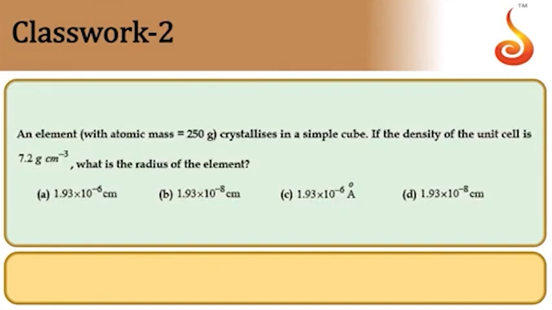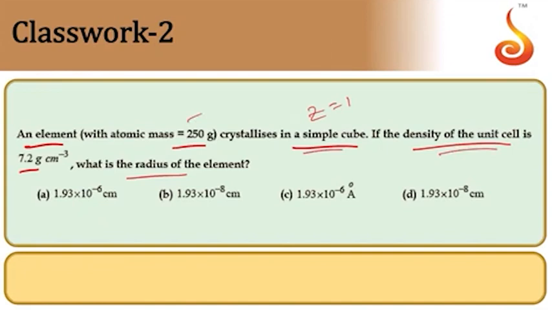Second question. An element with atomic mass 250 crystallizes in a simple cube. Simple cube stands for Z equal to 1. If the density of the unit cell is 7.2 grams per cc, what is the radius of the atom of the element? So for the simple cubic cell Z is given, density is also given to us, we have the atomic mass, and we need to find out the radius.